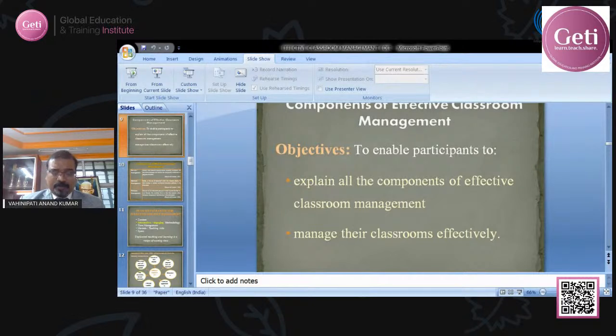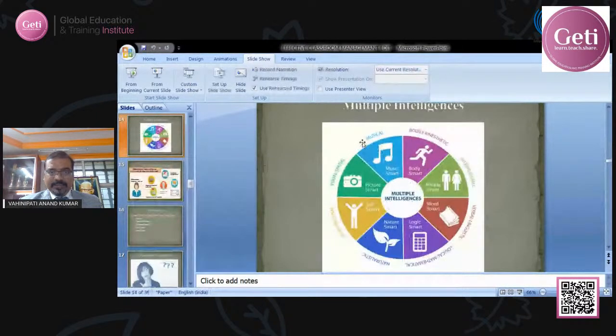Okay, so one was knowing the learning style of the students. The second important aspect while planning a lesson is multiple intelligences.